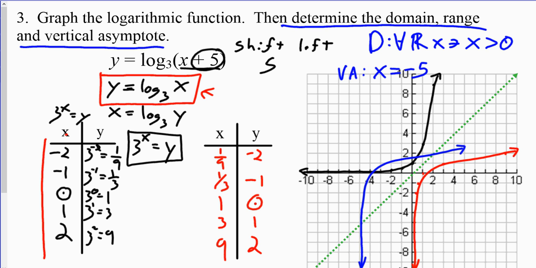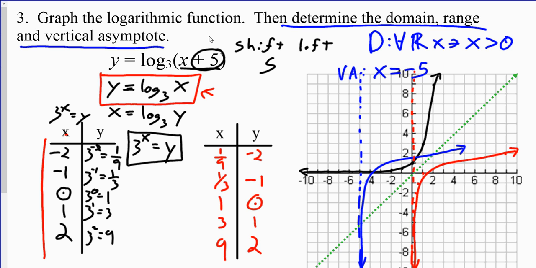Before, on my parent function, the red function, that vertical asymptote would have been right here at 0, so that also shifts over left 5, so that becomes my vertical asymptote there.